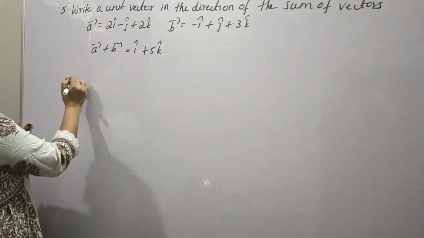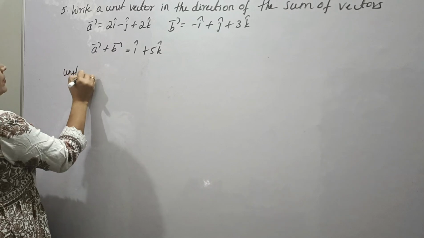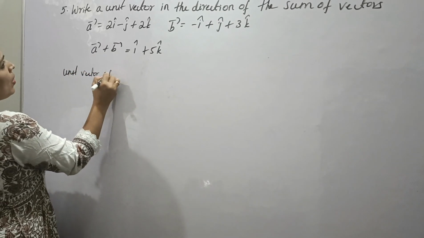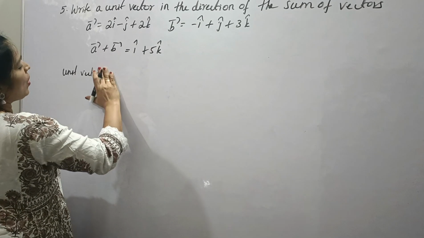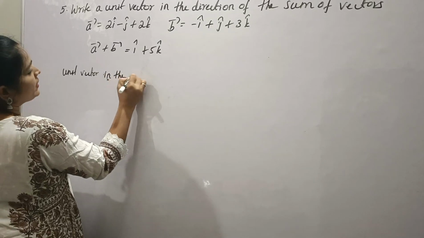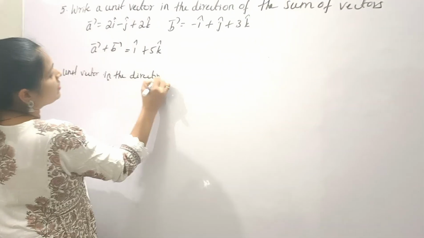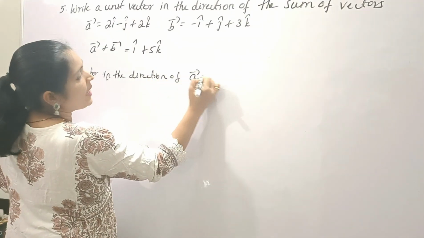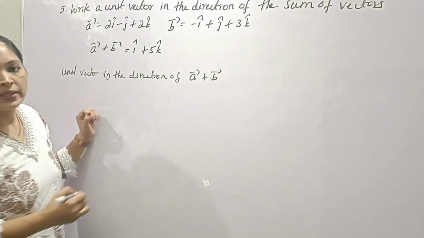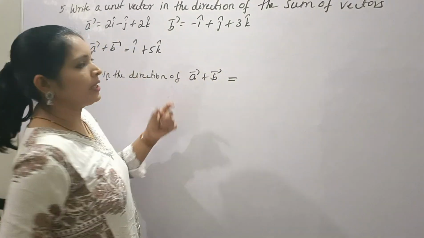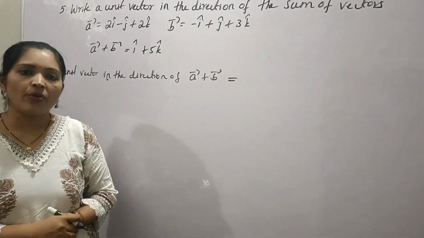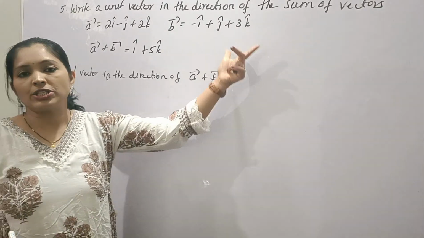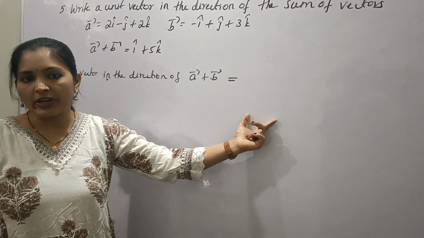Next we have to find the unit vector in the direction of vector A plus vector B. Here we know that the unit vector of vector A is equal to vector A divided by modulus of vector A, right?